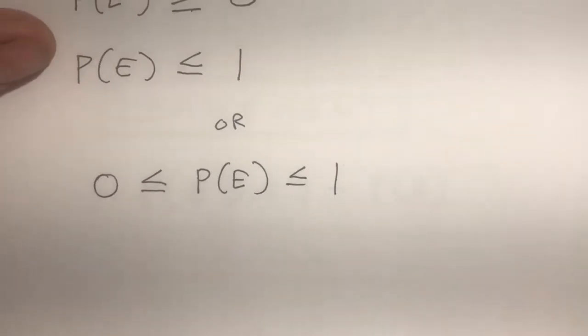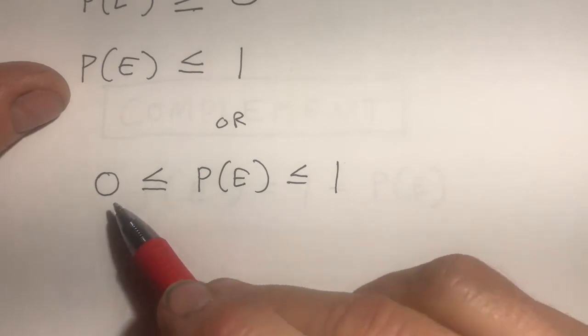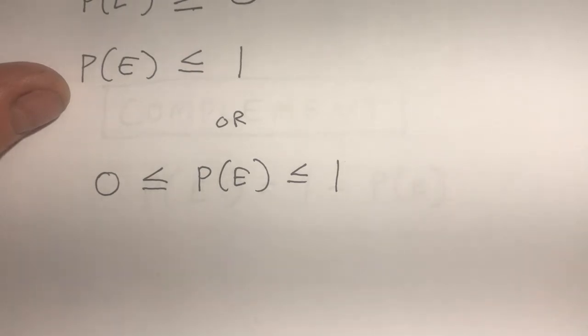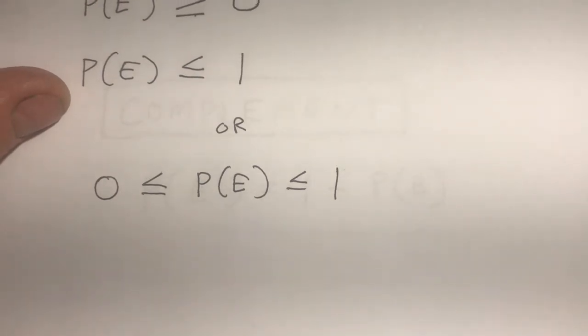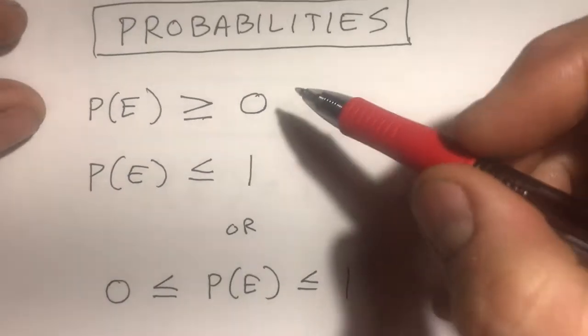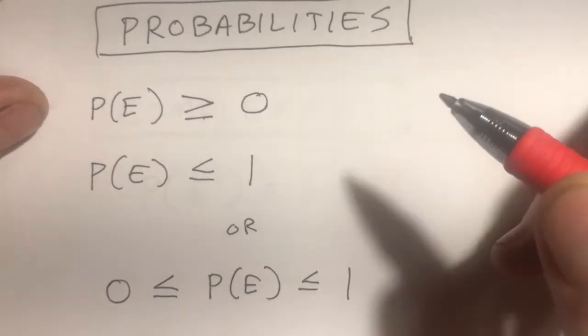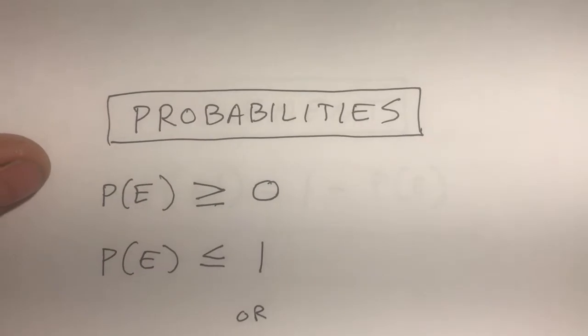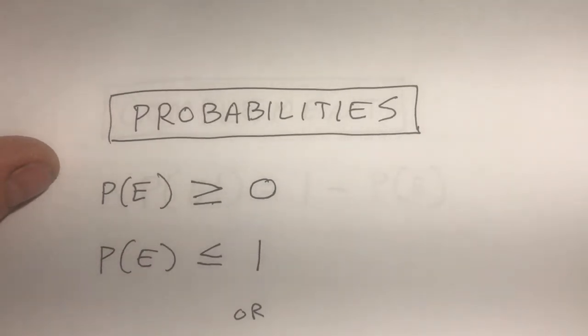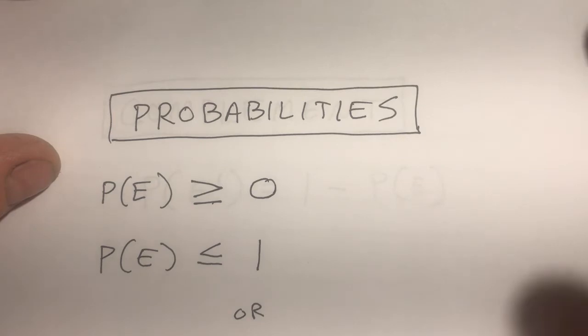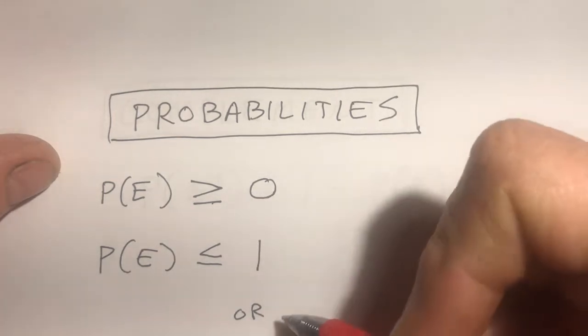We could write it like this right here. The probability of an event would be between 0 and 1. Okay, so probabilities have to be between 0 and 1. Now you could have a percent like 60%, or 75%, because that's 75 out of 100, which is less than 1, and it's greater than 0. So probabilities have to be between 0 and 1.